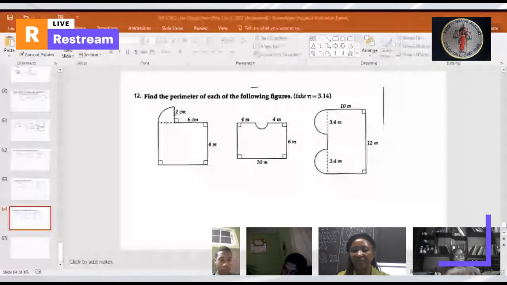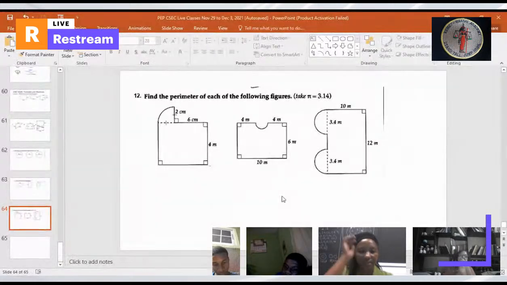What are we doing? Our thought process here. Okay, so the first thing you must do is look for a missing side. Which side is missing?